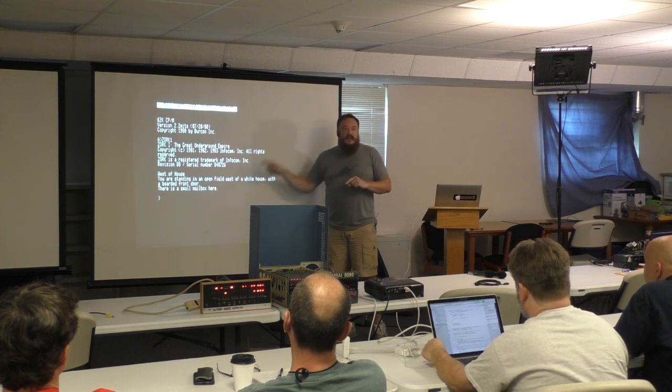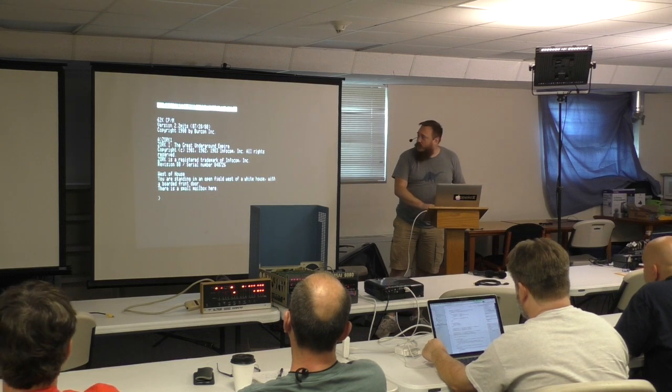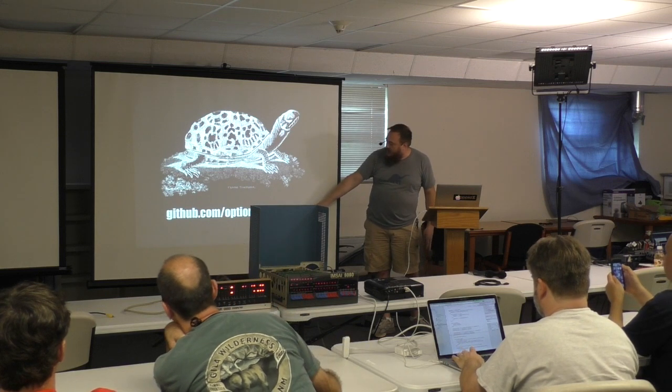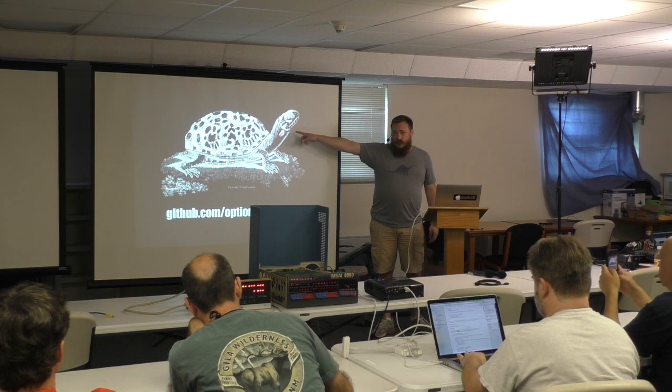And I think we've completed our emulation lasagna now. So we've sprinkled the cheese on top. And the source for all of this is on GitHub, on my GitHub at option8/sim8800. And it really is turtles all the way down.